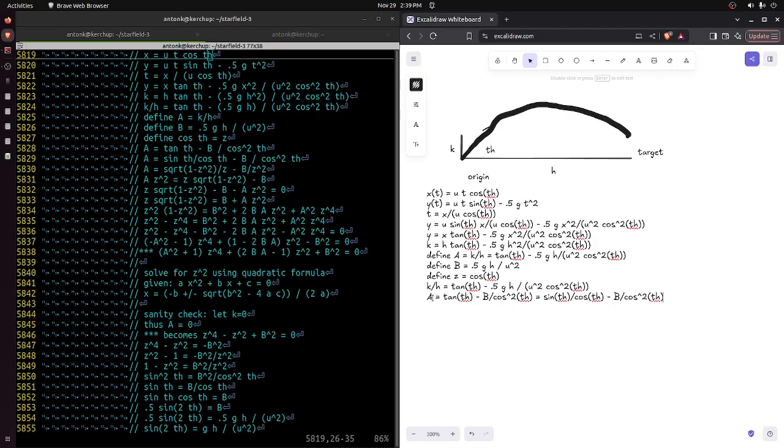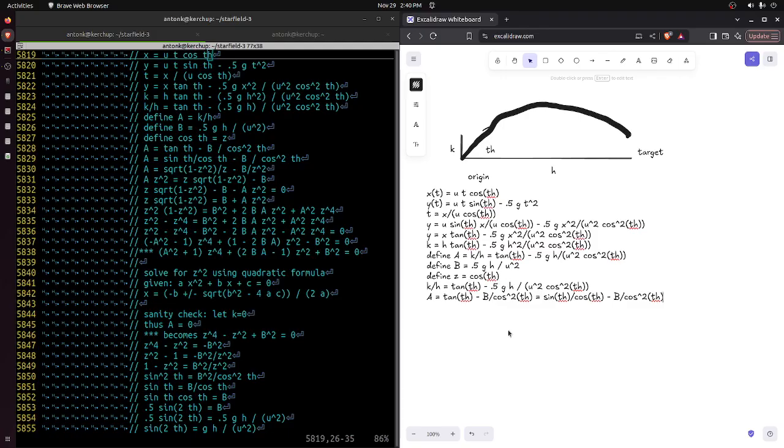Okay, so we know that sine of theta is the square root of 1 minus cosine squared of theta, right? Also we can just start using z's so we don't have to write out cosine of theta each time.